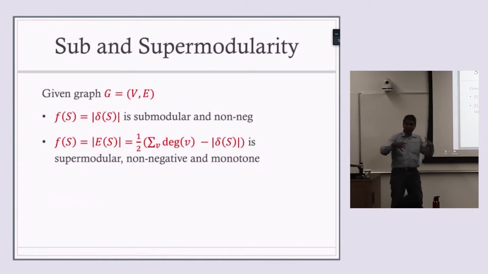Because you can express E of S as half of the sum of the degrees minus the edges leaving the set. The degree sum is a modular function, just an additive function. The degree is fixed; this is the degree in the entire graph. And you're subtracting a submodular function, so you get a supermodular function.